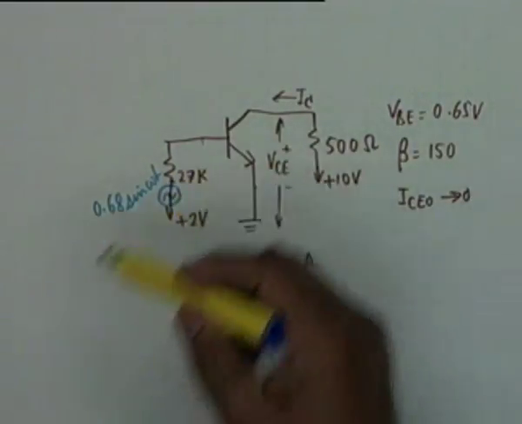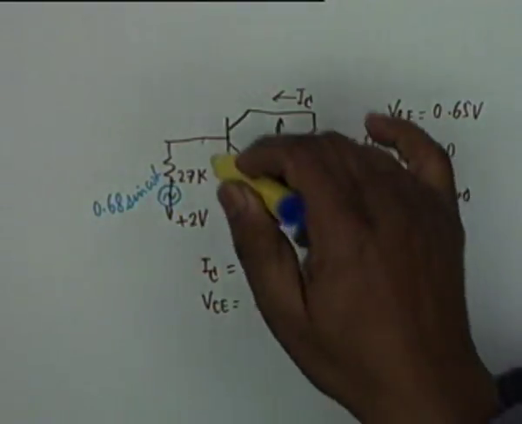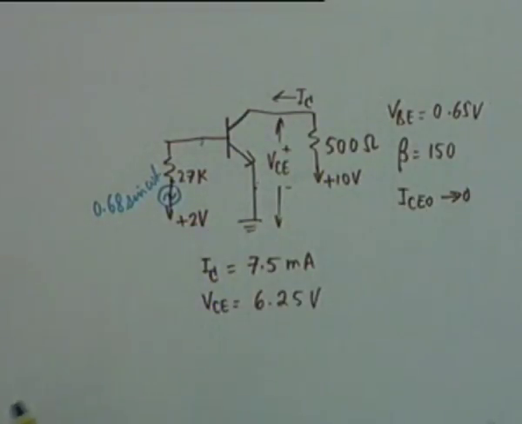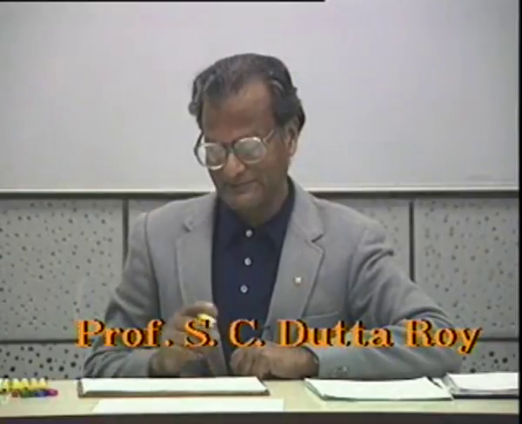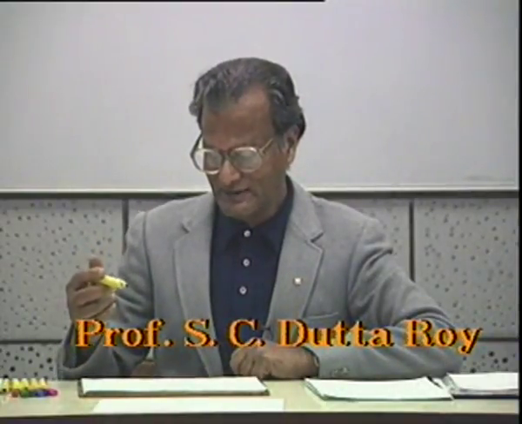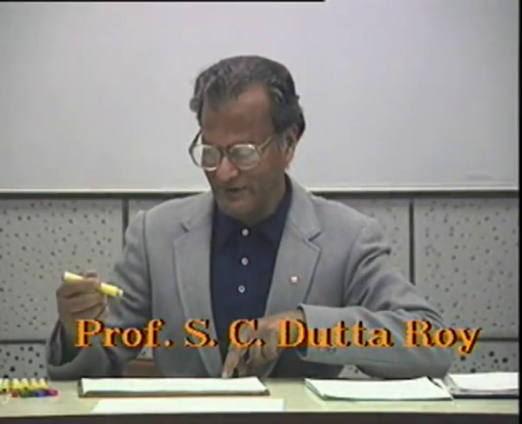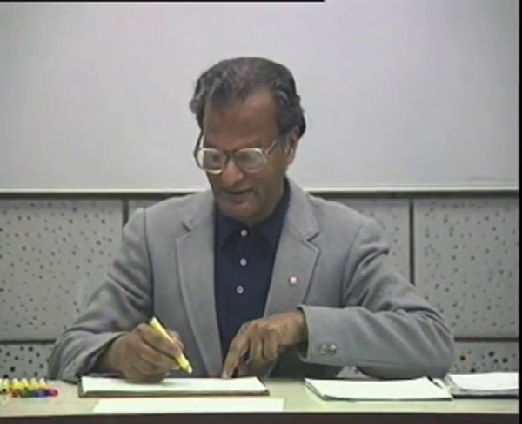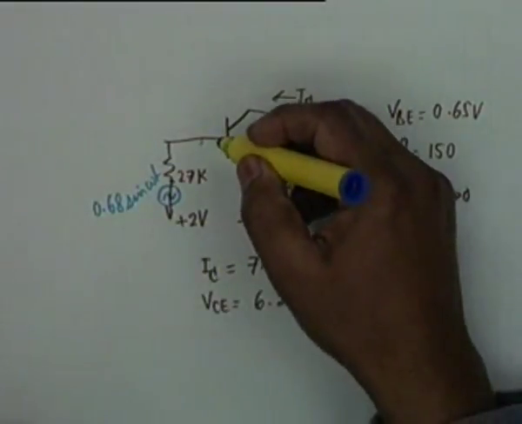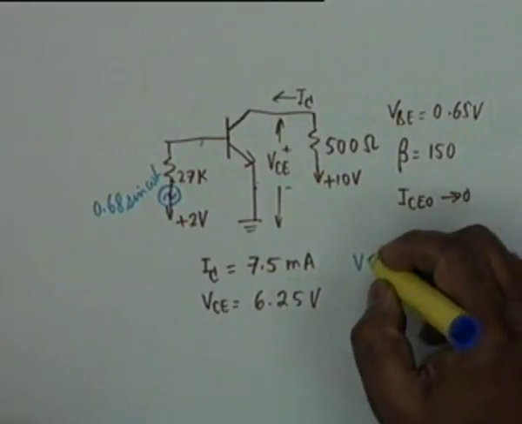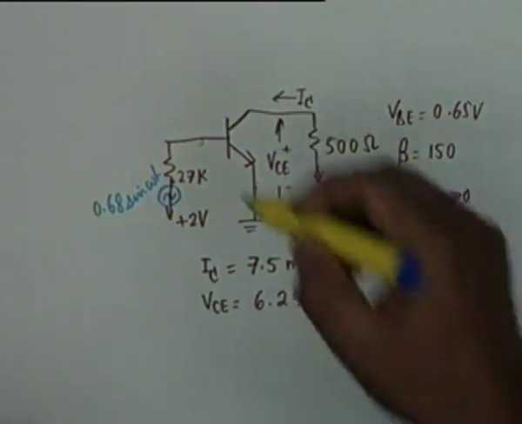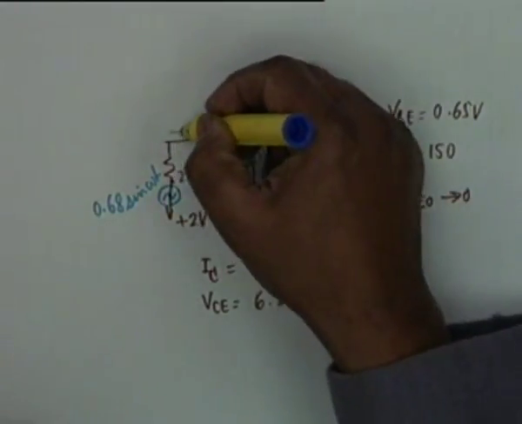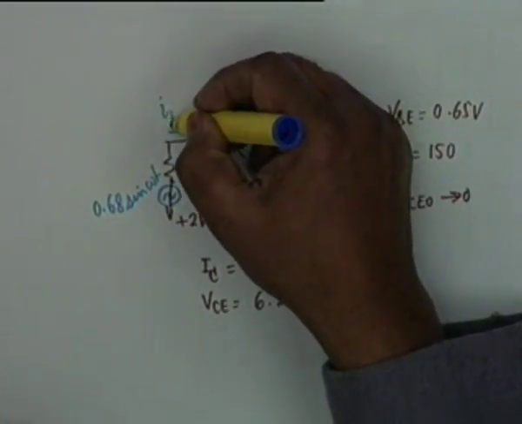Suppose this AC source was such that the voltage here fell below 0.65, then there is a possibility that the transistor could be led to cut off. Now what we want to find out is, let's look at the collector current, the base current.